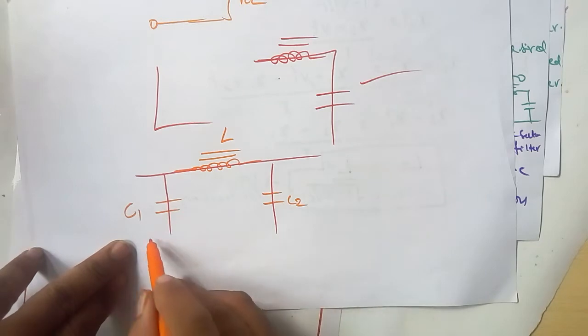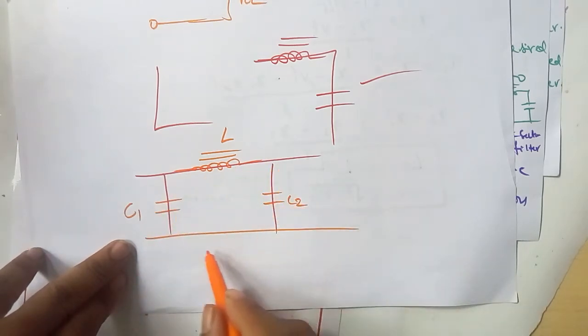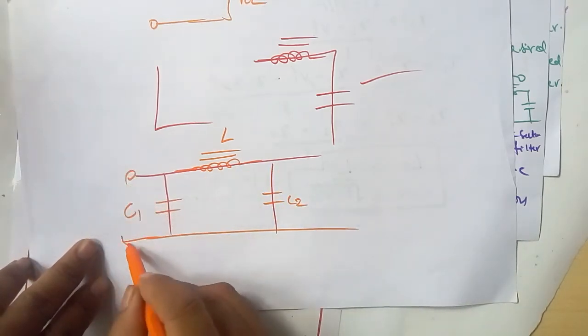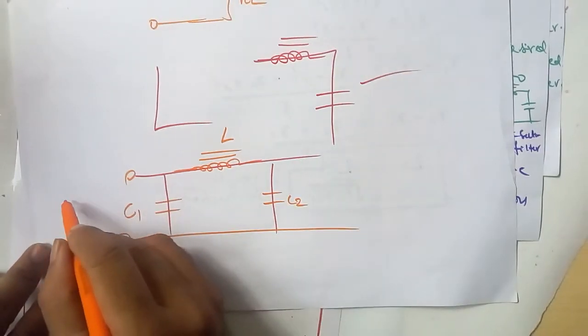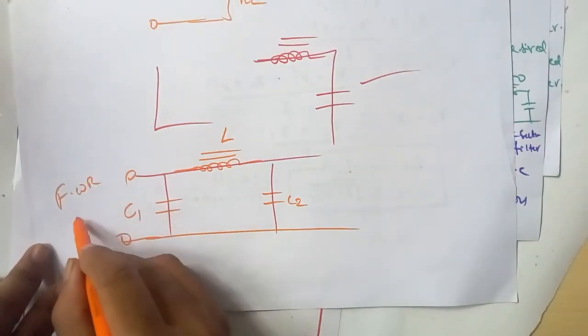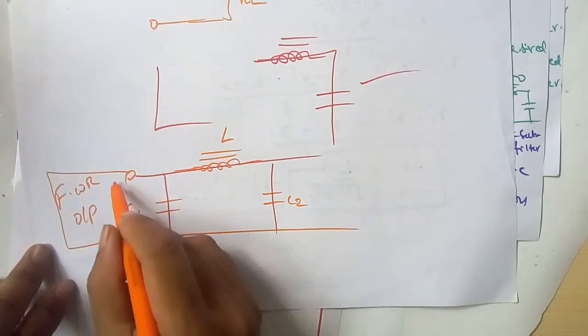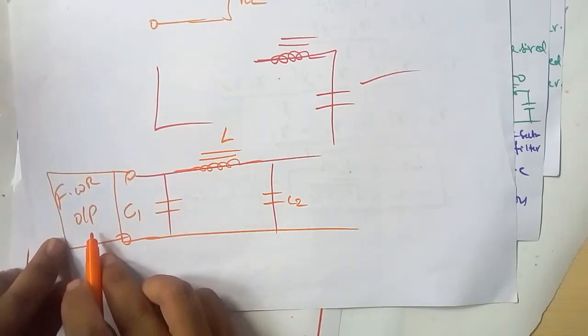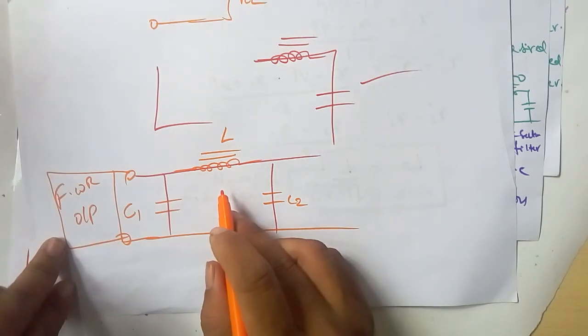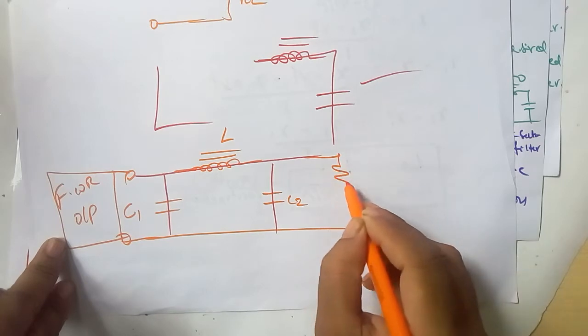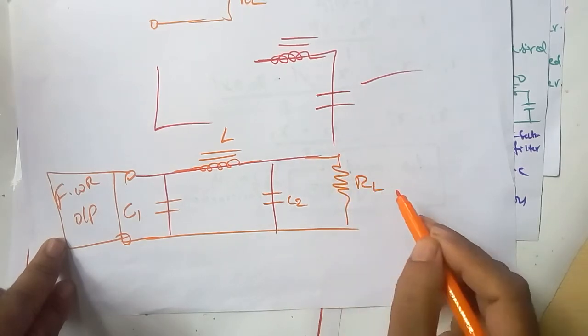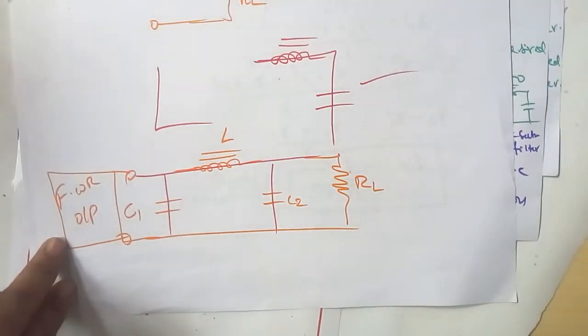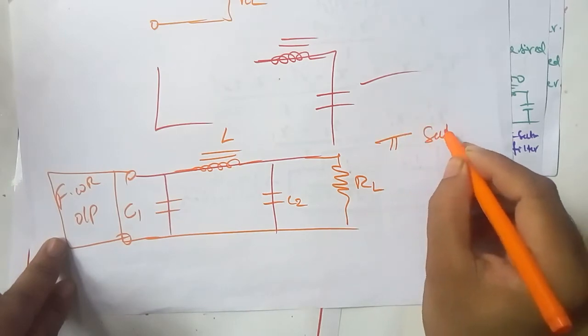Then this is called the pi section filter. Here the full wave rectifier output is connected at the input terminals of the pi section filter, and the output will be taken across the load resistance RL as shown in the diagram, right? This is called the pi section filter.